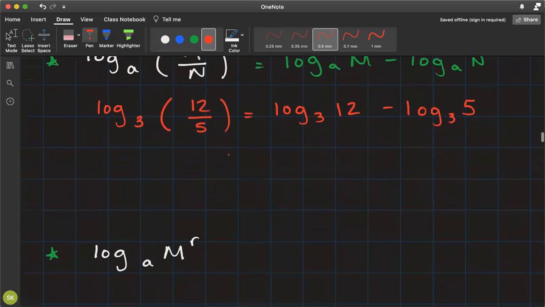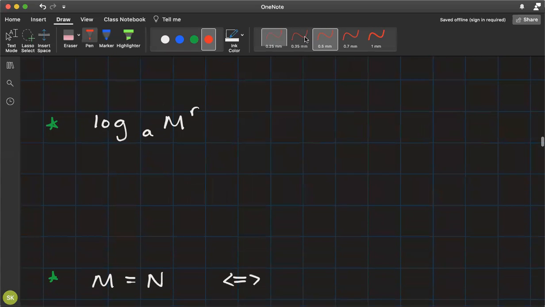Okay. The next rule we're going to have is log base a of m to the r. Now, before we saw something like log base a of a to some power. But this time, this number doesn't have to be a. This is called the power rule. If you have a power inside a log like this, a number raised to a power, you can actually just put it in the front.